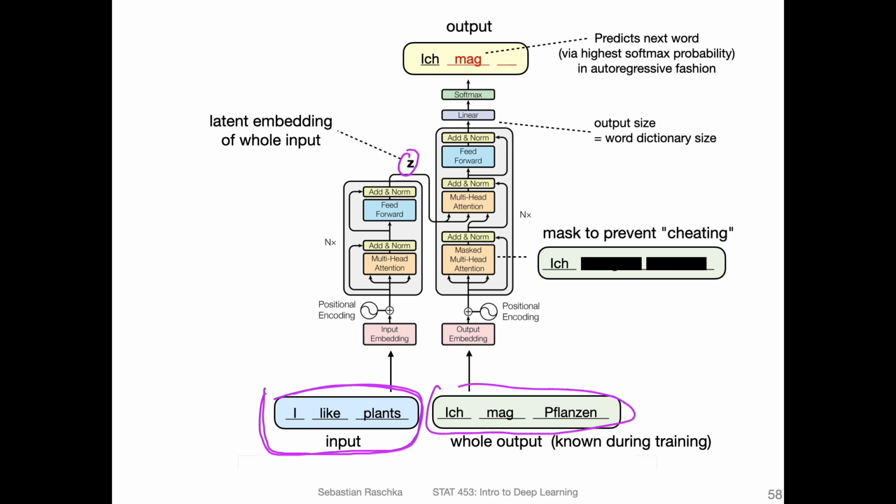But then let's say we have already generated the word Ich, and we are currently about to predict the second word. This is what we want to predict next. We are giving the model the whole sequence here as input. But it would be kind of cheating if we would show the model these 2 words, because these have to be generated.